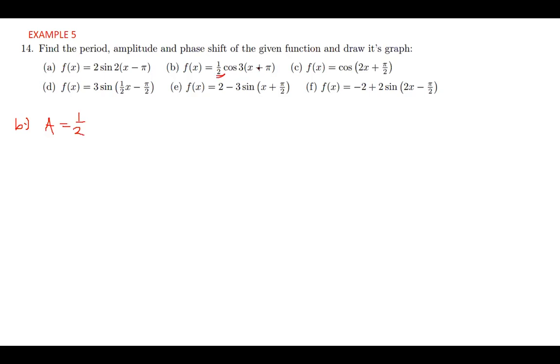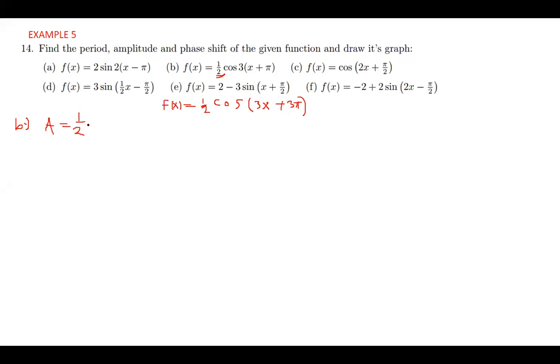And then this side, when you open the brackets, you are going to have something like this, and then this is cos, open brackets, 3 times x, you get your 3x, then plus 3 pi.